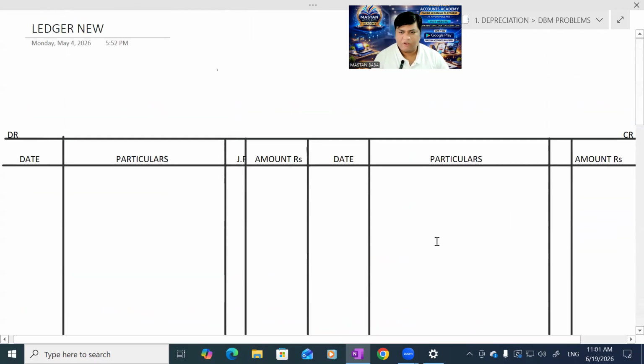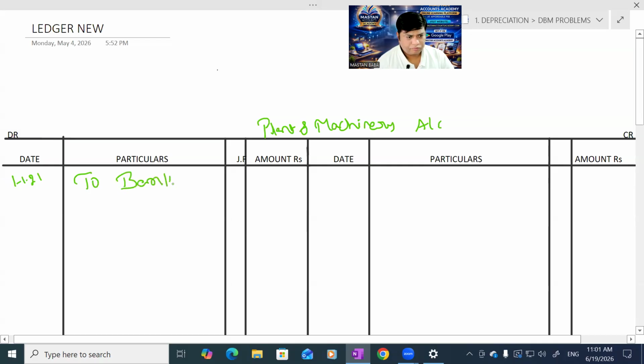So I'm writing the heading of the account, plant and machinery account. On 1/1/2021, just focus on the screen. On 1/1/2021, to bank account. What is the value of the machinery they bought? 80,000 plus 20,000.